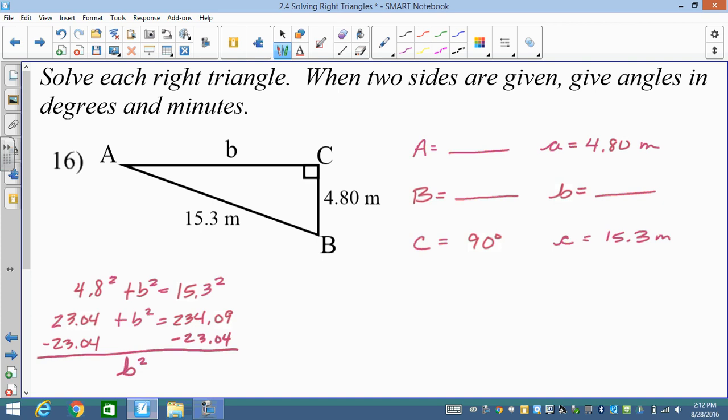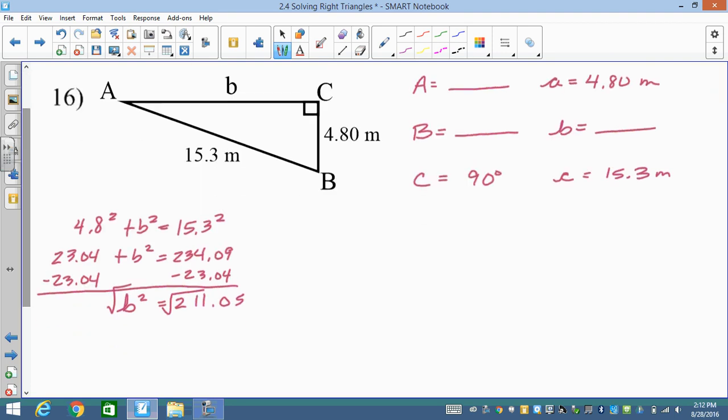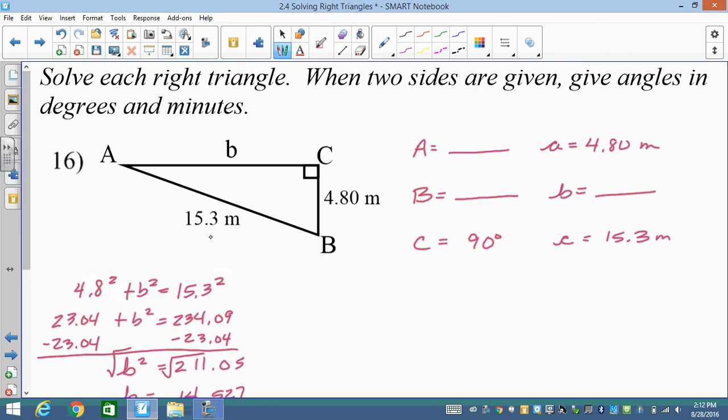And we have b squared equals 211.05. Take the square root of both sides, and we get little b equaling 14.527. Now, I didn't identify significant digits, but we can claim this one to be 3 significant digits or 1 decimal place. So this is going to be 14.5.